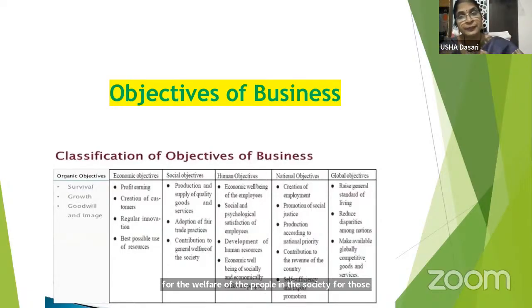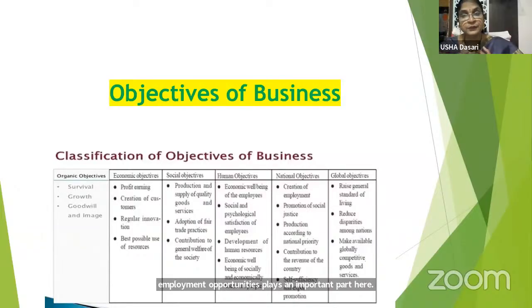Maybe the employees in the organization, or the people in the society through the creation of employment opportunities, or you can protect the environment. Firstly, welfare of employees: no business can succeed without the contribution of its employees. The business should aim to provide fair wages and reasonable working and living conditions to the workers. That is very important. Apart from that, generation of employment opportunities plays an important part here.